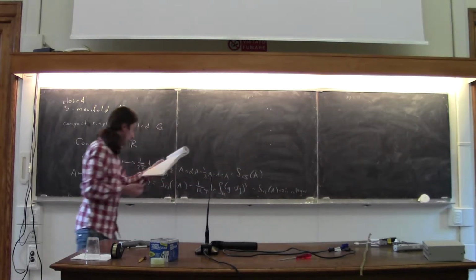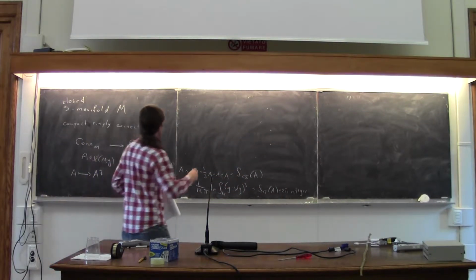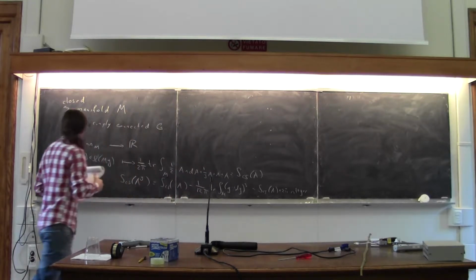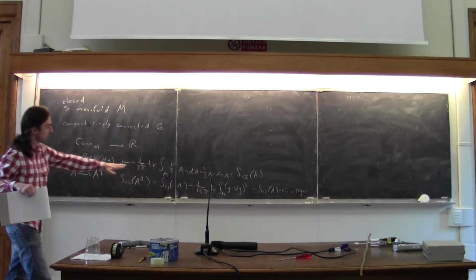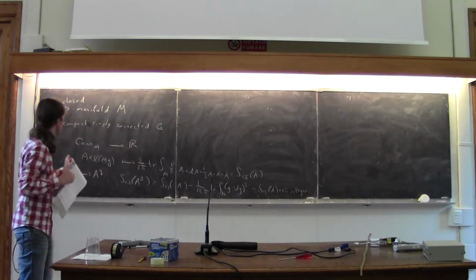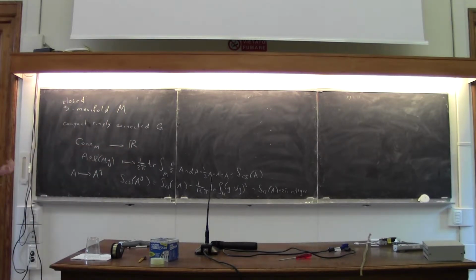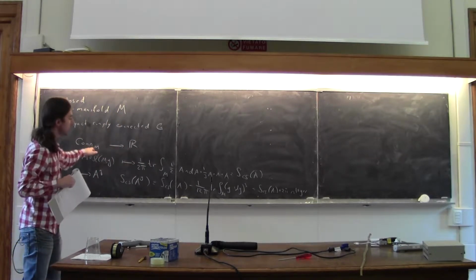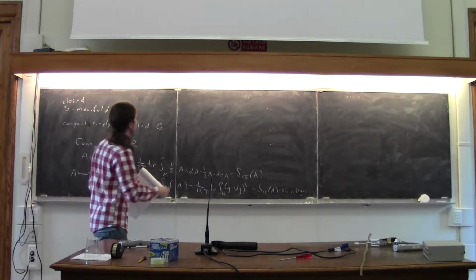So the outcome of this story is that although this Chern-Simons action function itself does not descend to the quotient of connections by gauge transformations, its exponential does descend.